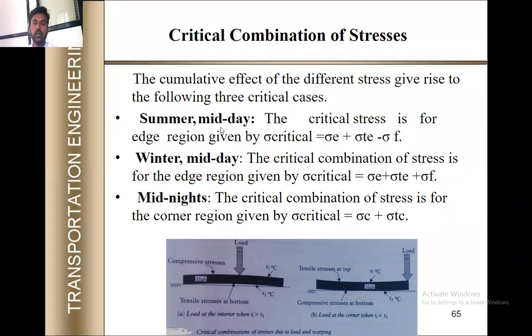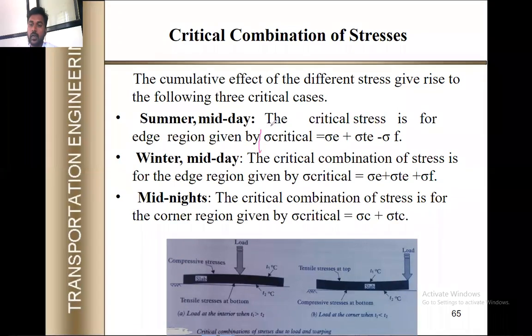In the summer midday, the critical stress for the edge region is given by the formula: please write down this formula, sigma critical is equal to sigma E plus sigma TE minus sigma F.